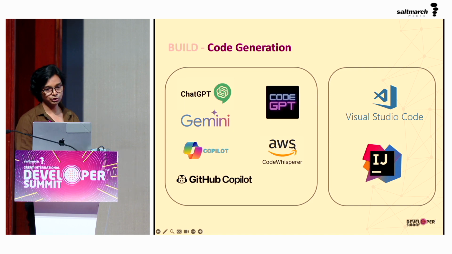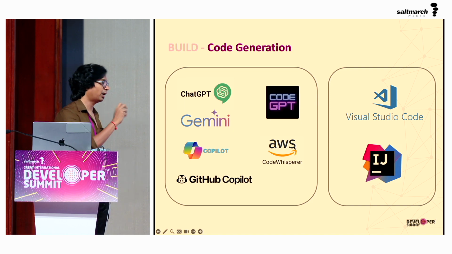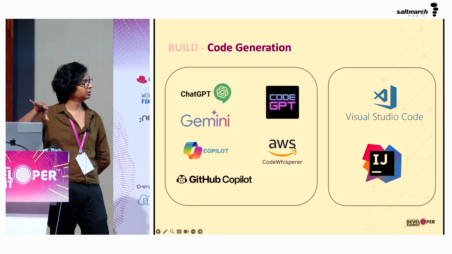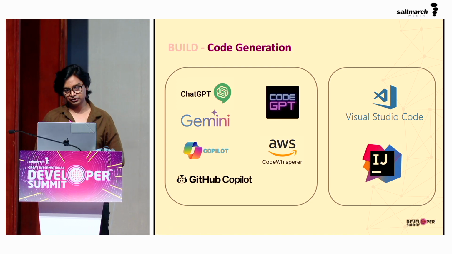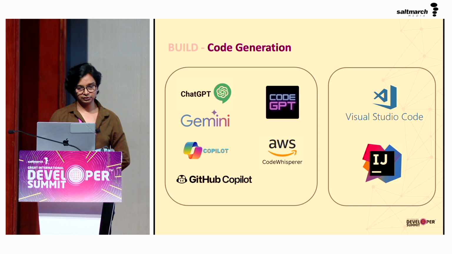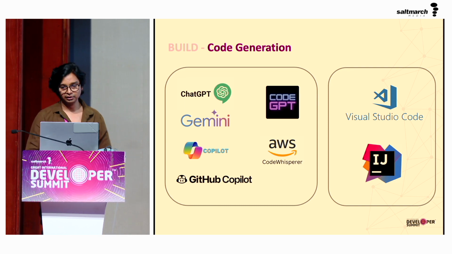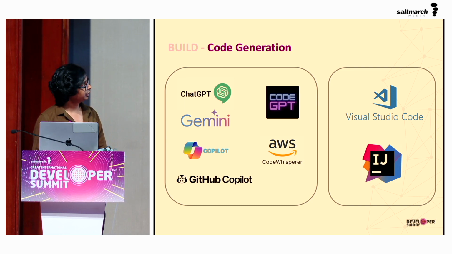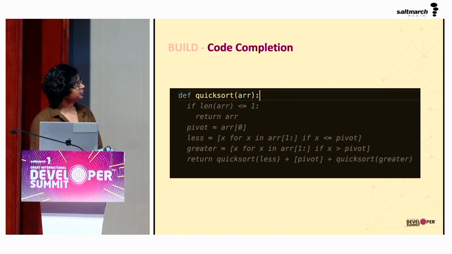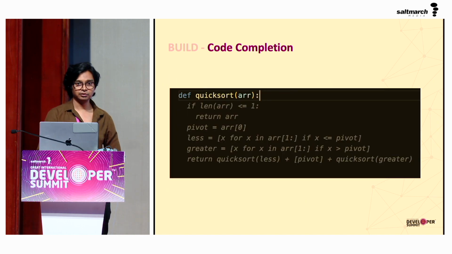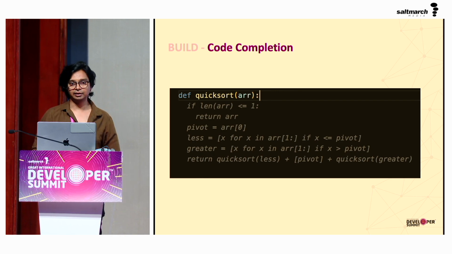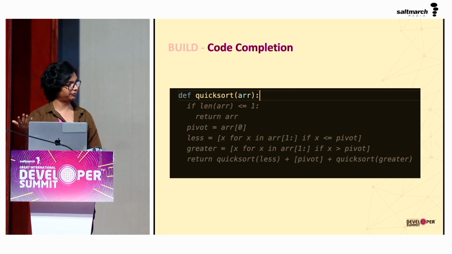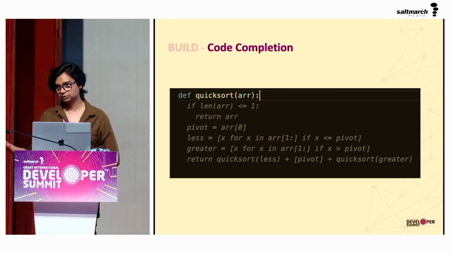AWS has a solution, and many of these are already integrated with your IDEs. If you're a VS Code fan or a JetBrains and IntelliJ fan, many of these plugins are available. You can do multiple things. You can use it for code completion, where all I have to do is type my function name, and it will automatically give you the entire code block.